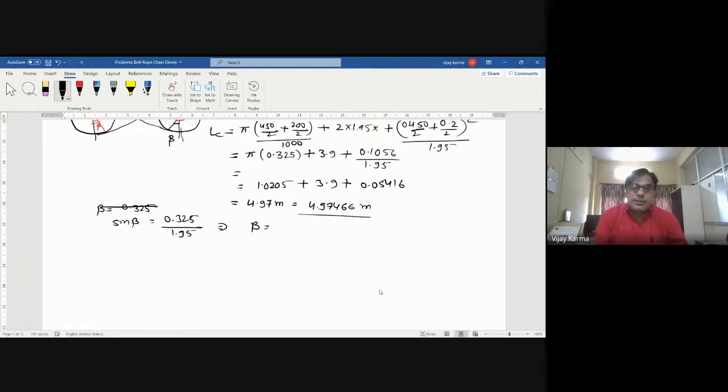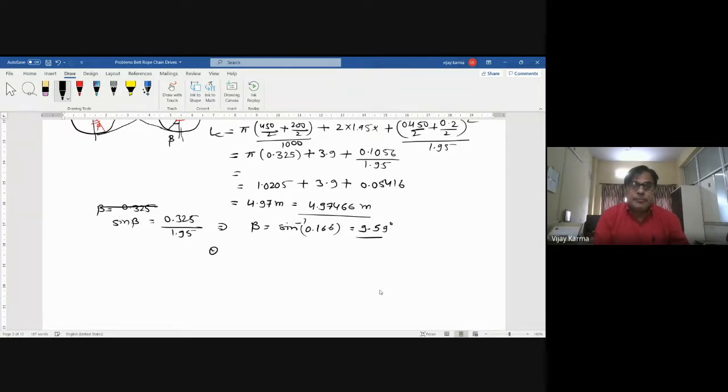So beta is the sine inverse of this, 0.166. Taking the sine inverse, beta is coming out 9.59 degrees. This is beta.